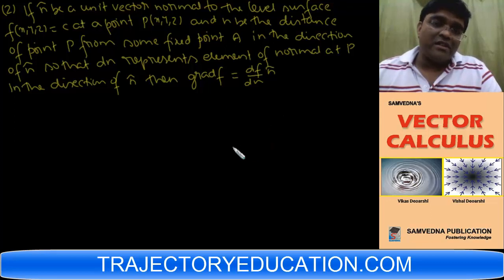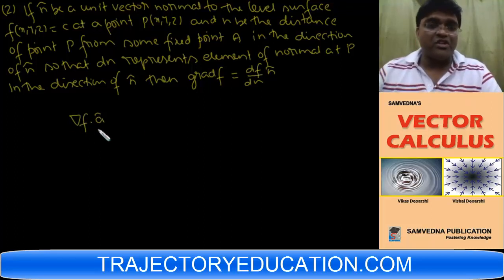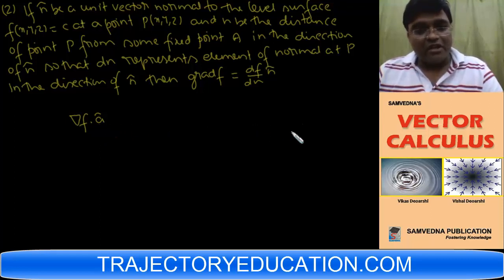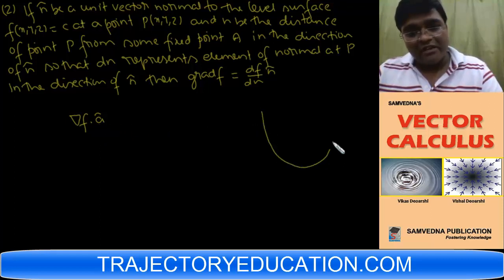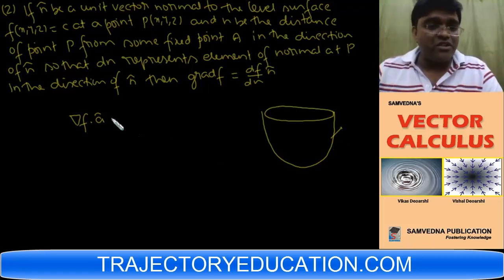Can you tell me the directional derivative? See, the directional derivative in any direction is given by del f dot a. Suppose I have a level surface like this. And if I ask you, if a lies tangential to the level surface, can you tell me what is the directional derivative in the direction tangent to the level surface?